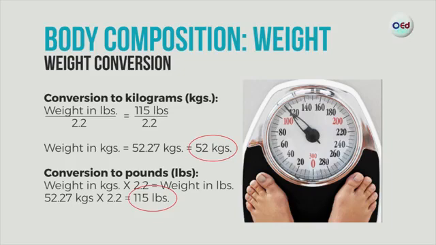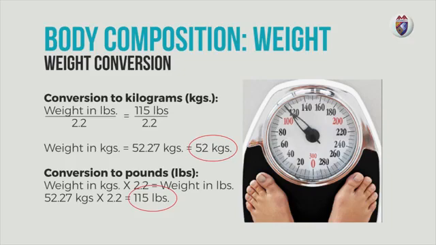If you want to know his weight in kilograms, you can use this formula and divide your weight in pounds by 2.2, like this one. 115 pounds divided by 2.2, and your answer is 52.27 kilograms. Round off the value to make it a whole number, and the result is that the person currently weighs 52 kilograms.